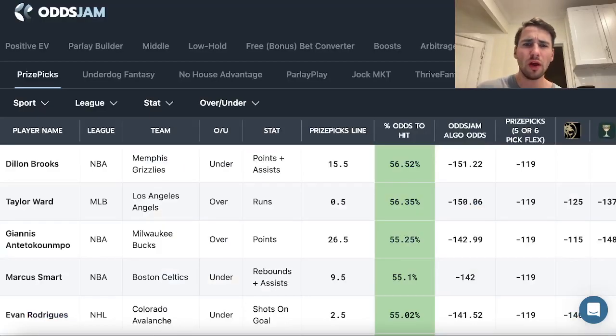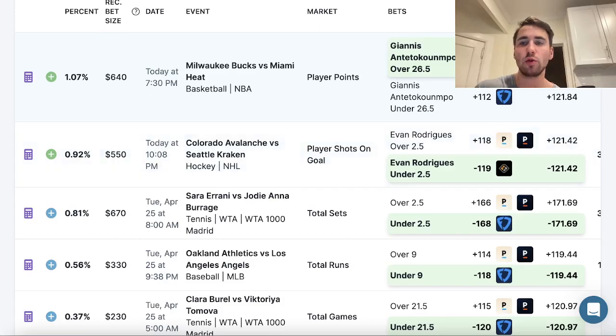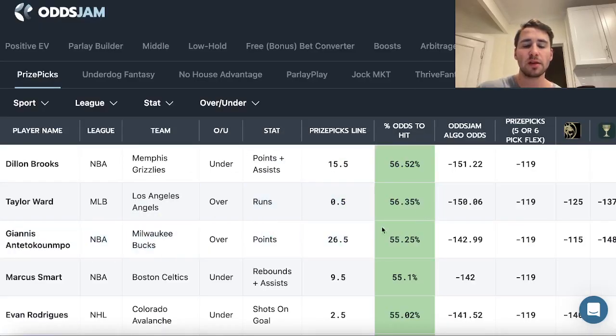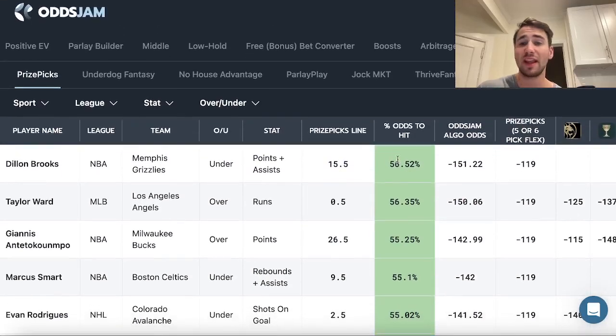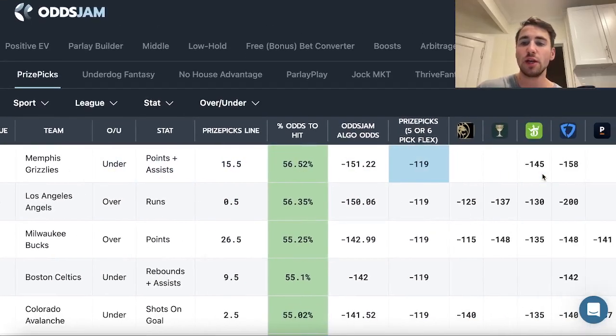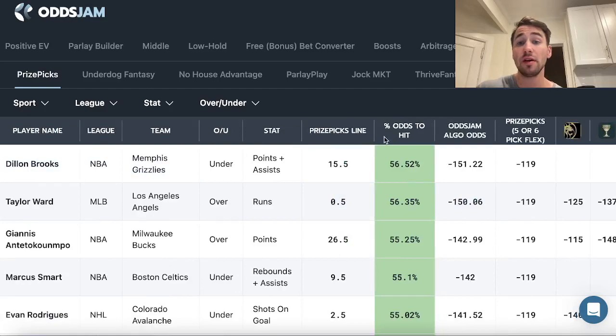So another tool you can use, which works in a relatively similar way to the positive EV tool, is the fantasy screen. The fantasy screen shows you, you don't want to play the bets in red, you just want to take the picks in green, and it uses sportsbook odds to show you spots where books have one side heavily favored.